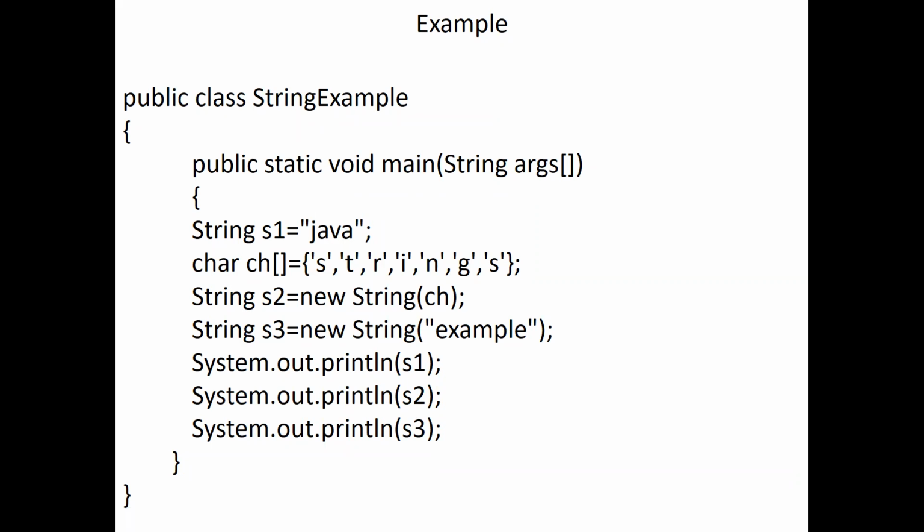So I've created one character array having these many characters, and with that I'm creating the string object. That is also fine. Or else, instead of creating the character array and passing that as the argument, I can directly put everything into the new string. That is also fine. These are all the different ways you can create a string.